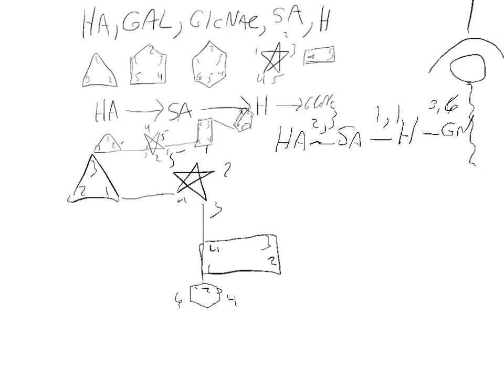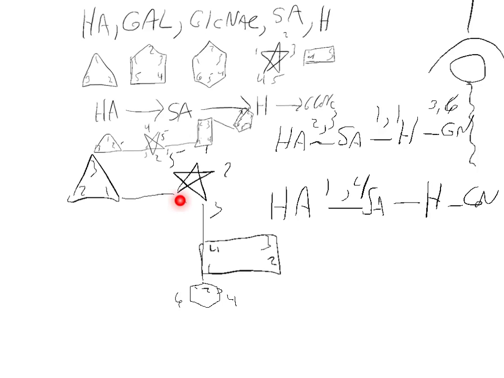Down here, you'd write the same carbohydrates, but you're going to write the actual numeric designations differently. So you write hyaluronan, sialic acid, heparin, GlcNAc, and here we're starting from carbon 1 on hyaluronan, and we're bound to carbon 4 on sialic acid, right here.